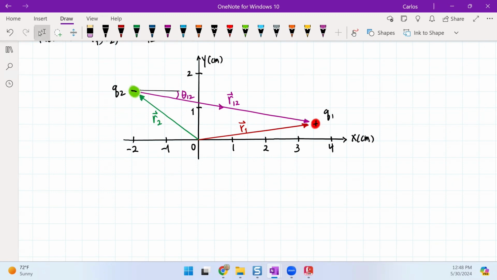So let's look at that. If I look at my vectors, I need to convert them into proper units. I know that I have R1, and they give it to us in centimeters, so this will be 3.5, 0.5 centimeters, but then I'm going to convert them immediately into meters.